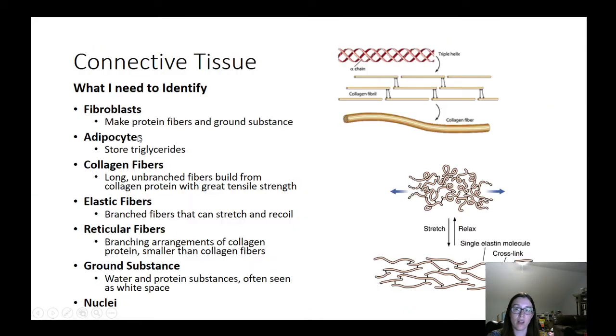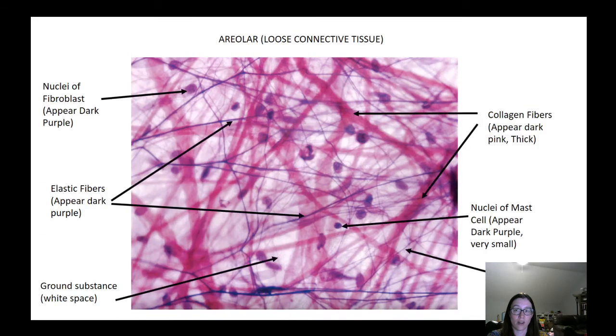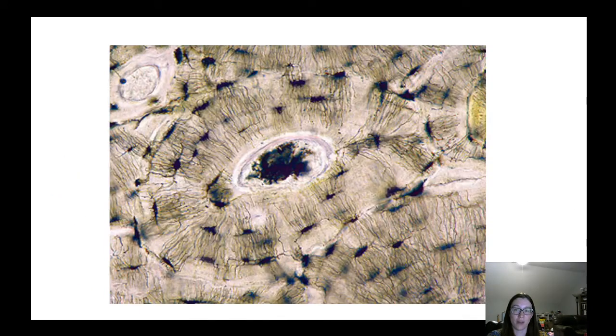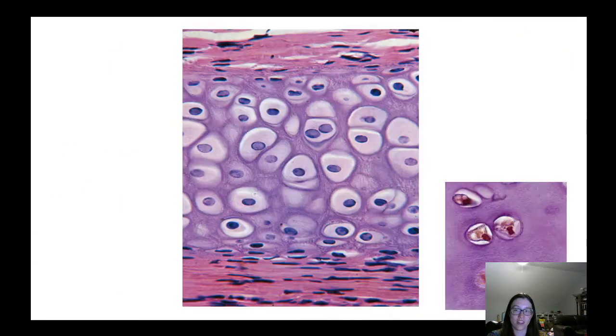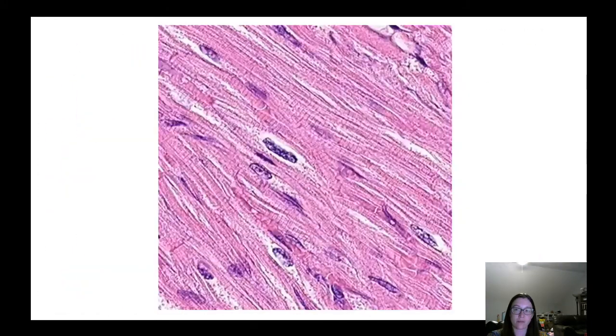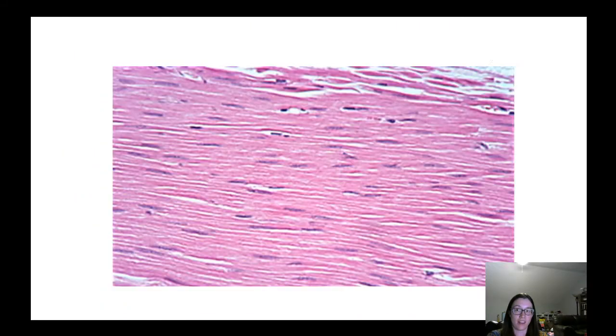So just go through, this goes through connective tissue. What do you need to identify? All the different types of connective tissue. Make sure you look at this one. It's really useful. Then if you keep going, there's a lot. We go through bone, cartilage, different types of cartilage, all the different types of muscle, and then finally nervous tissue.